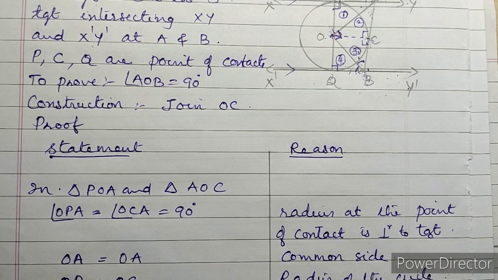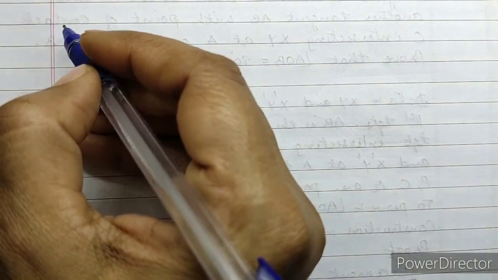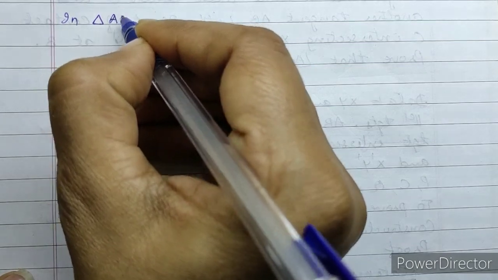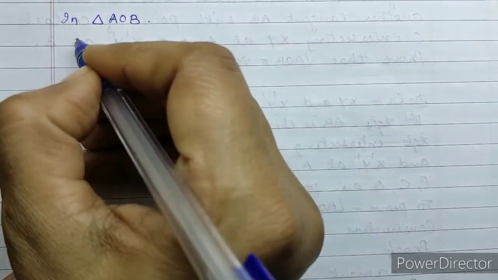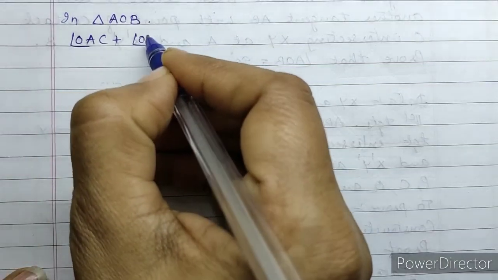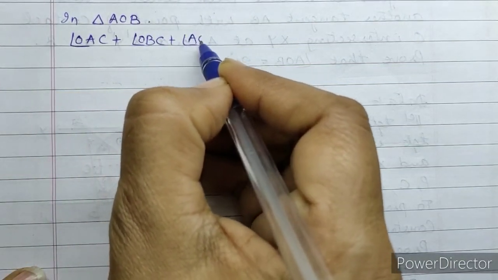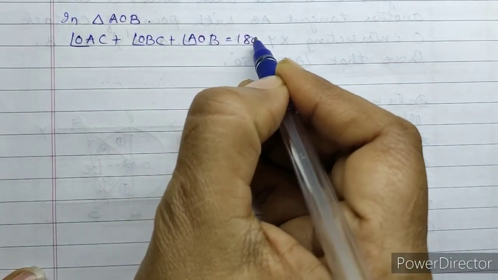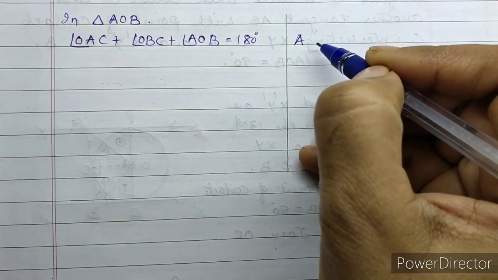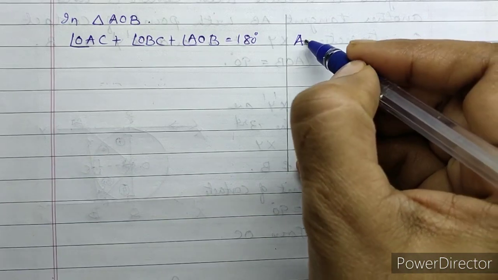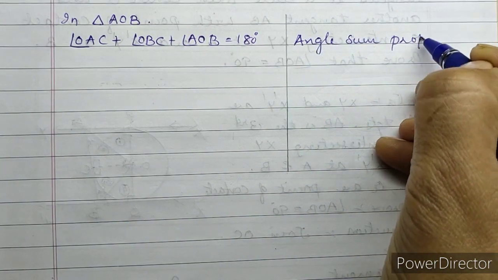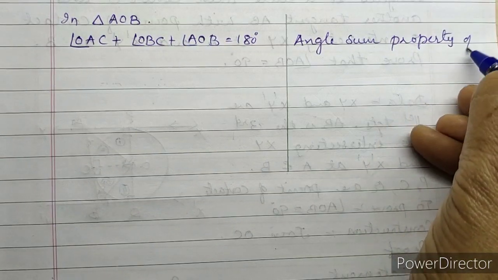We will see that. So in the third part, in triangle AOB, write the names of the three angles. Angle OAC plus angle OBC plus angle AOB equals 180 degrees. What is the reason? Angle sum property of a triangle.